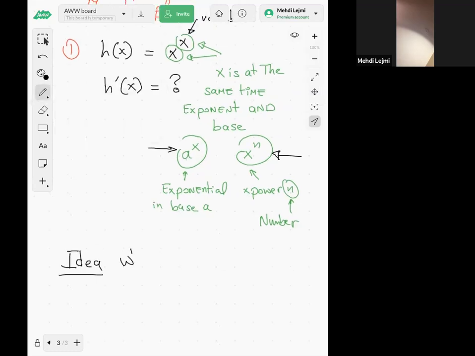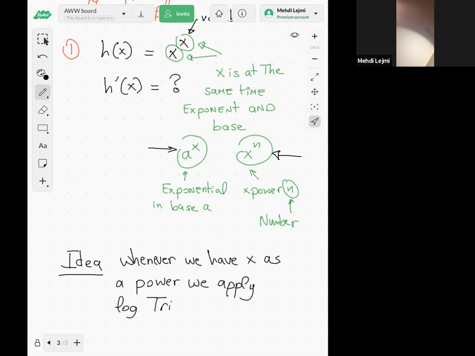Whenever you have x as a power, we apply the log trick. Okay, so what's this log trick?